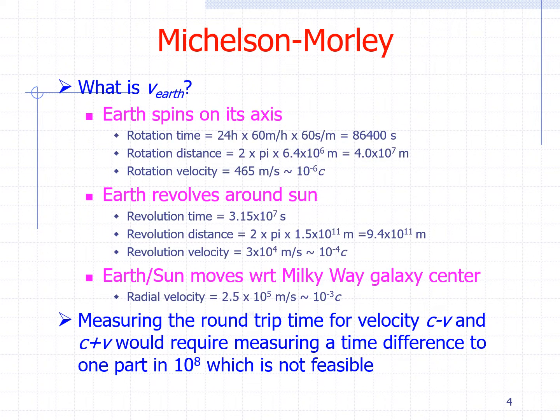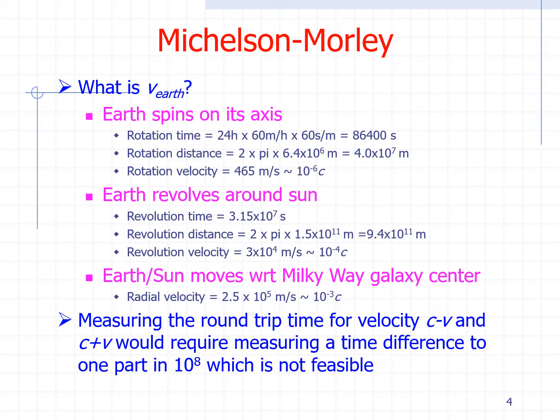In order to understand the concept of Michelson and Morley's experiment, it is really very interesting to know about the velocity of earth. As we all know, earth generally possesses two types of motion. One is its orbital motion and the other is its spin motion. Earth revolves around the sun, and this type of motion is known as orbital motion.